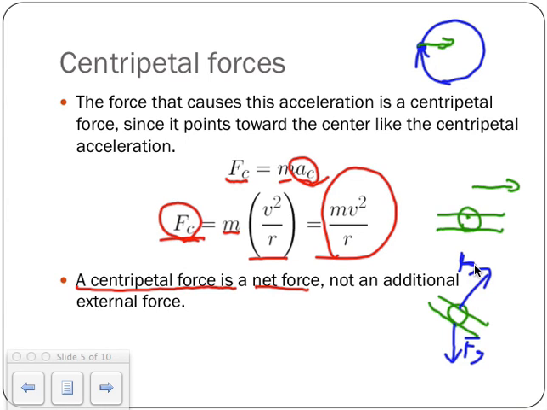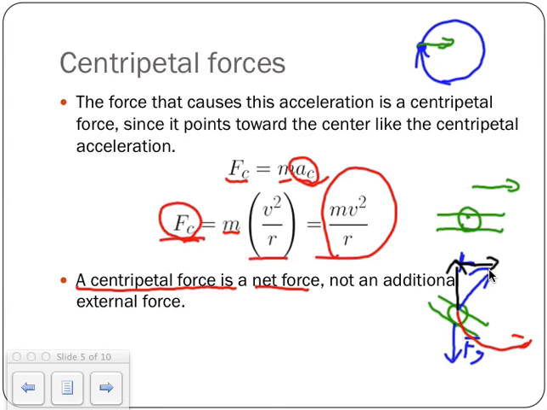Now, to figure out what the centripetal force is in this case, you would say, all right, well, look at these two forces. Which one of them is going to point towards the center of the circle? Because they're going to be sort of curving off in that direction. Taking a look at this, we can break these up. The Fg has just a y component downward. The lift force, though, has two components, one here and one here.